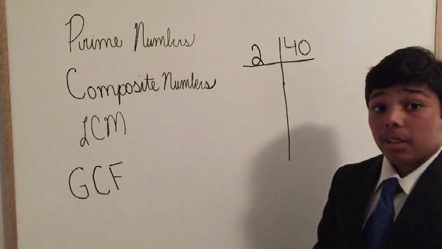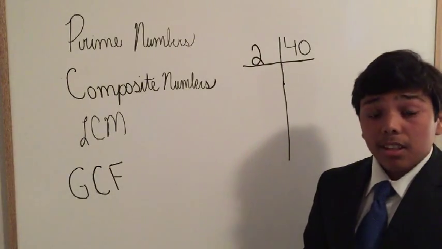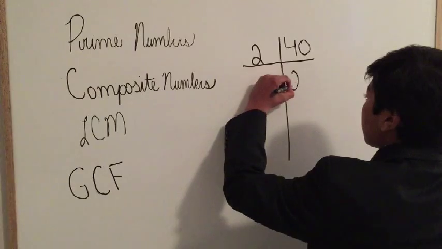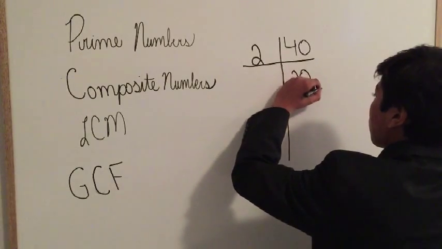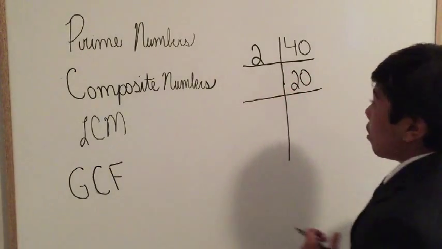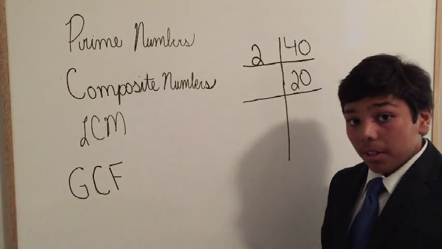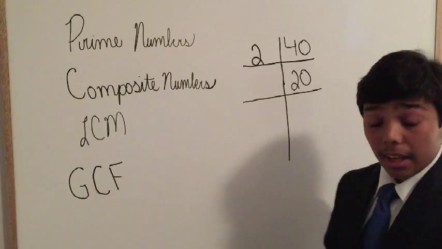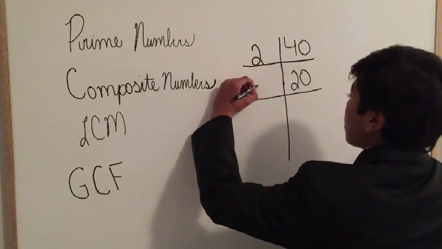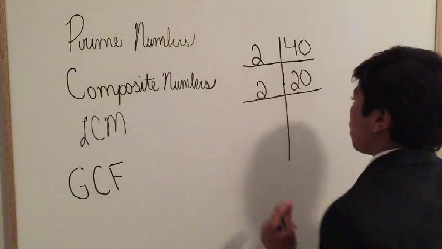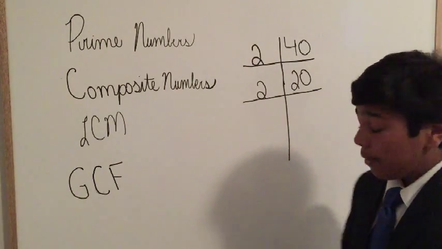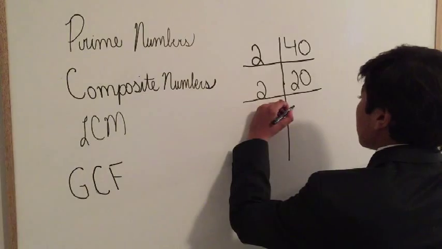And 40 divided by 2 gives us an answer of 20. So we'll put 20 on this side. So let's think to ourselves one more time. The lowest prime number that can be divided into 20 is 2 again. So we'll put the 2 on this side. 20 divided by 2 gives us an answer of 10. So we'll put 10 on this side.